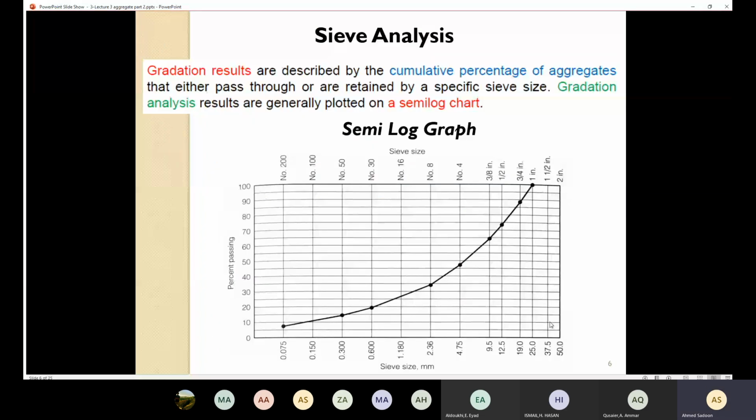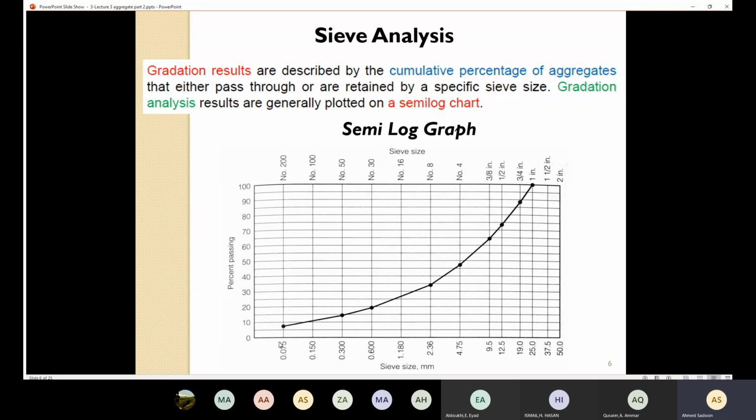So like I said here, after I finish the sieve analysis test, I'm going to come up with this plot. In the x-axis, I have the sieve size. Okay, here I have 50 millimeter opening, and here I have 0.075 opening size.